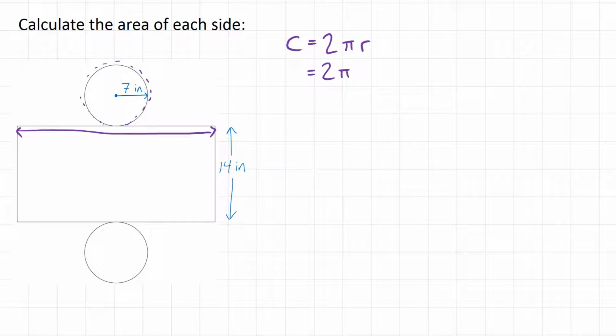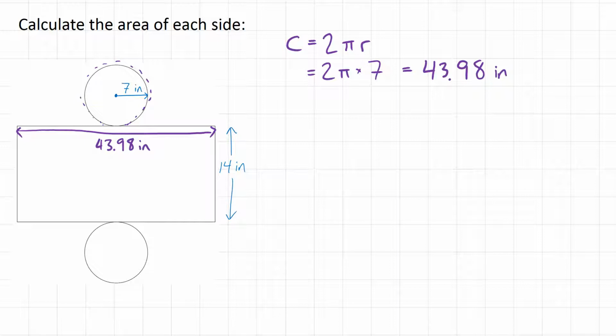So for that 7-inch circle, it's 2 pi times 7, which will give us a total circumference of 43.98 inches. So now we have this distance here, 43.98 inches for the rectangular middle side of the cylinder.